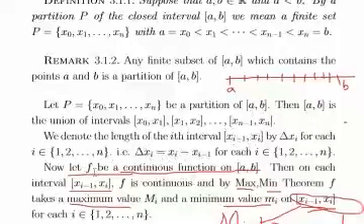In this course, we focus only on continuous functions on a closed interval. That means you can find the maximum value of f and the minimum value of f over the given interval, right? That's why we are focusing on continuous functions on closed intervals.